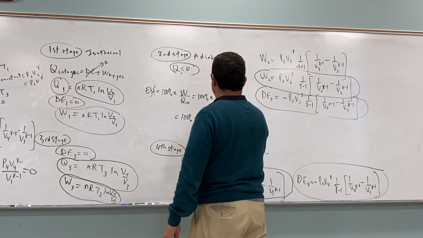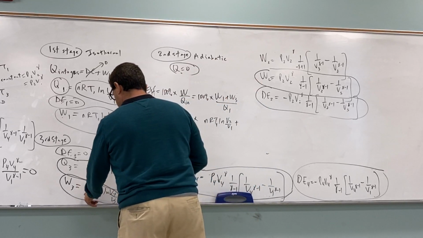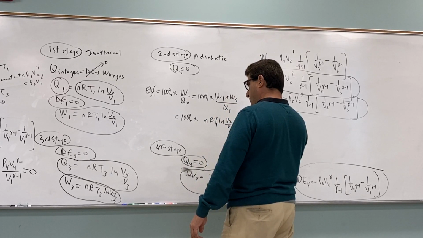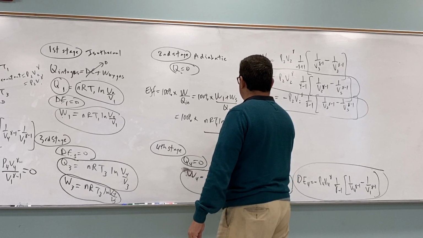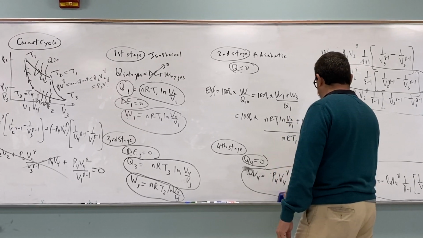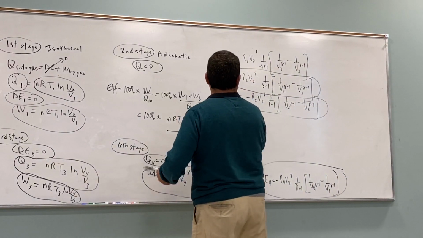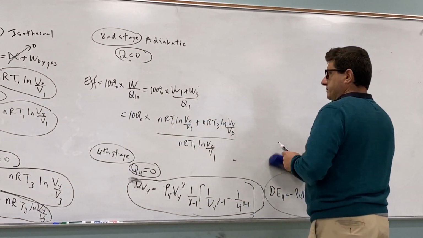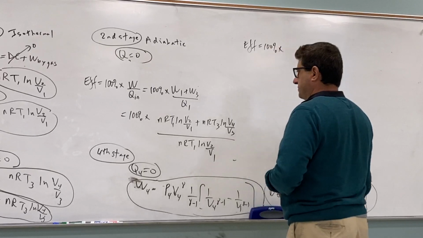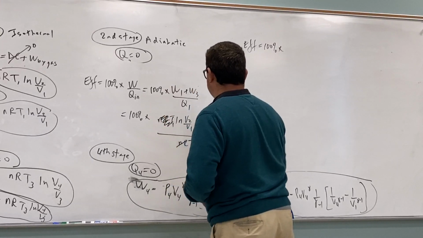This is gonna be nRT1 ln of V2 over V1 plus nRT3 ln of V4 over V3, over nRT1 ln of V2 over V1. nR cancels.